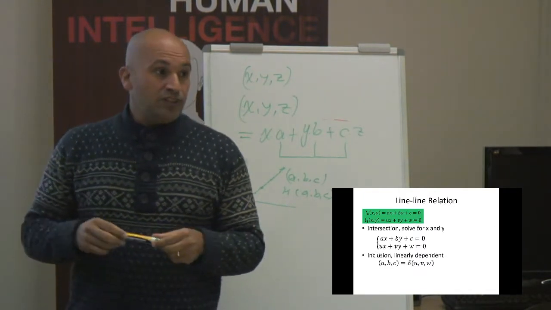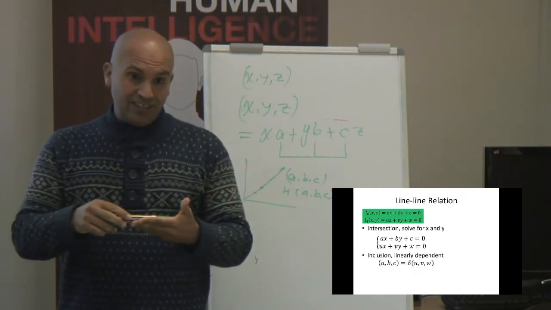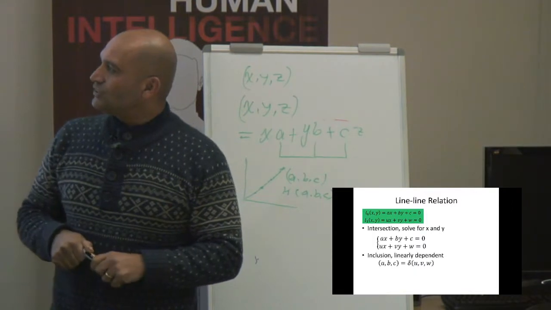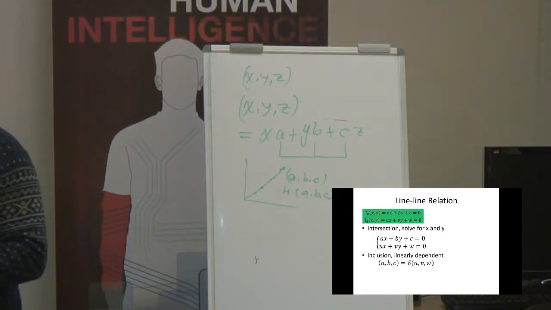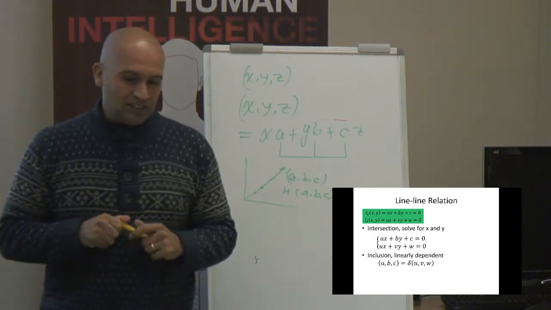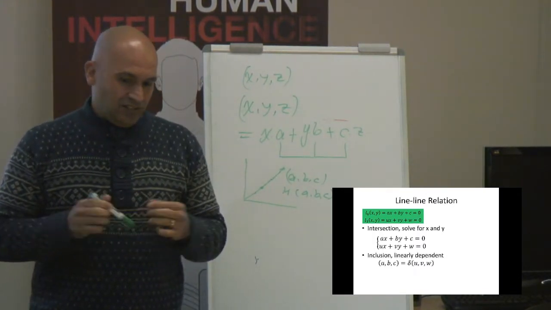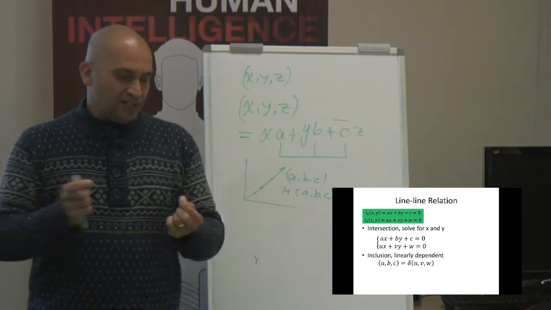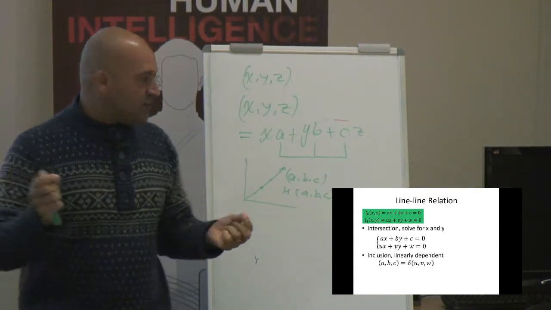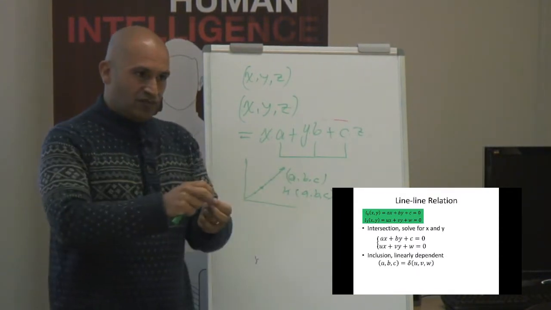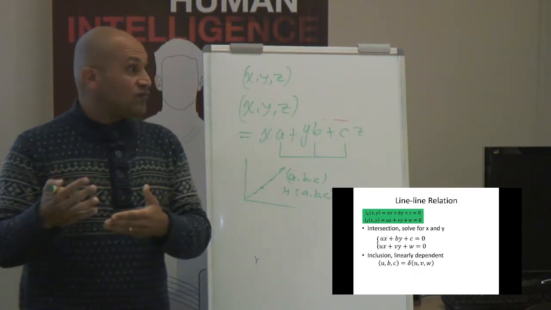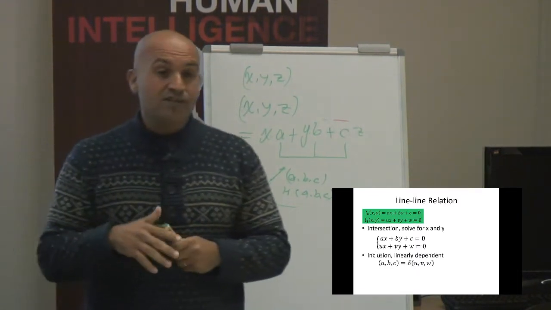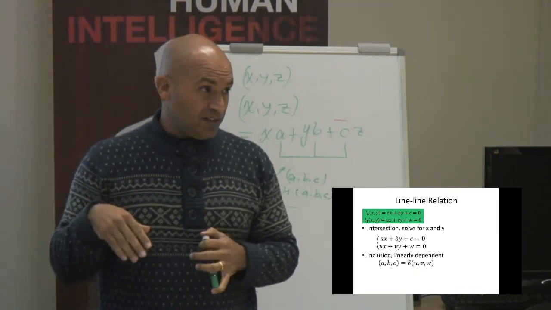If the 2 lines are parallel, one of them could be represented as the other multiplied by a scalar factor, meaning they are dependent.